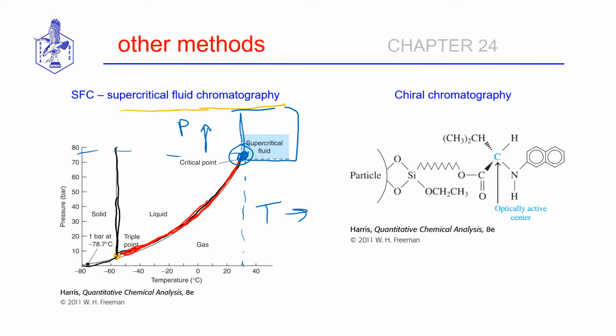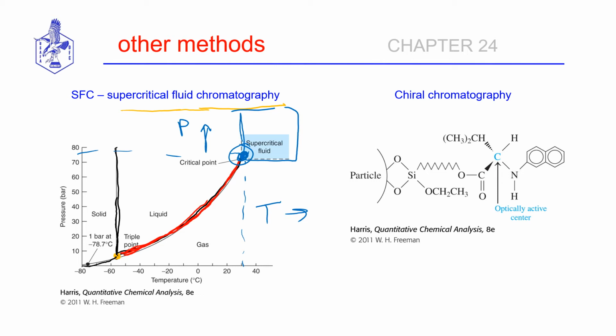So if we place our mobile phase at a pressure and temperature such that it's a supercritical fluid, we might be able to use solvents other than organic solvents that are not as harmful to our environment, such as carbon dioxide. So supercritical fluid is another option of chromatography.